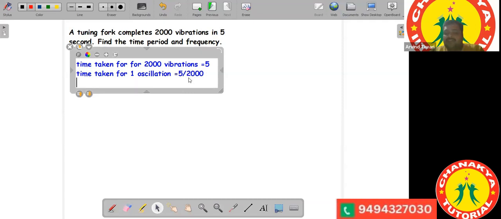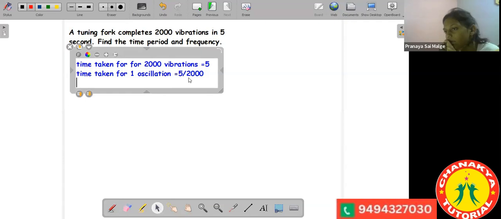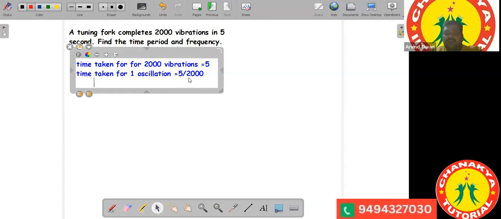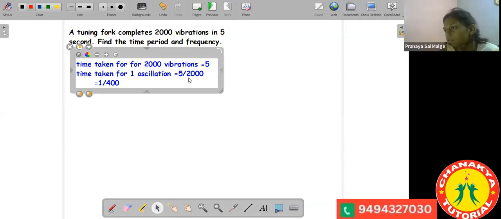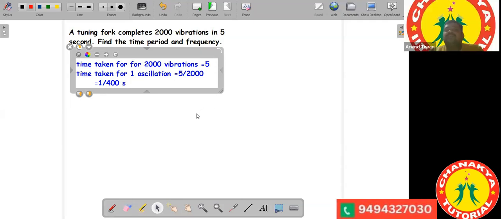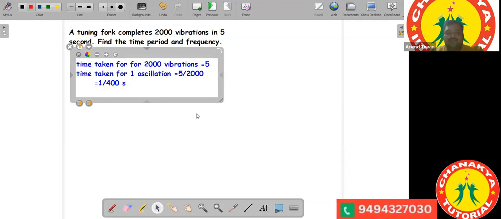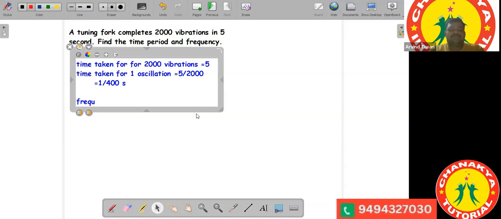So what's the answer? 1 by 400. Yeah, you get the answer as 1 by 400, right? So your answer is 1 by 400 second. Then 400 is the frequency, 400 hertz. Okay. So then you write frequency equals 1 over time period.